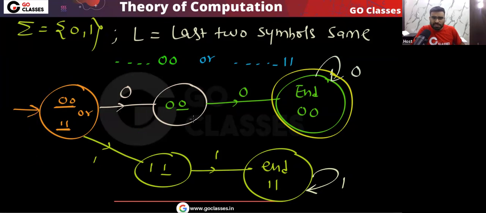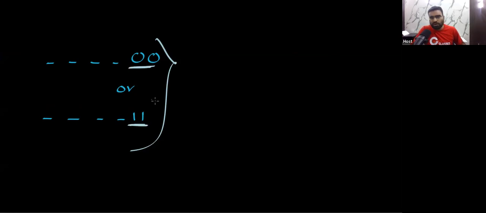You tell me, in this state, if 1 comes, where should I go? In this state, I am waiting for 0. I've already seen 0, but after 0, if 1 comes, then no problem. I will wait for 1 1. Do you agree? Either I want 0 0 or I want 1 1.